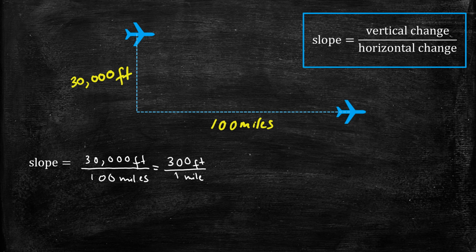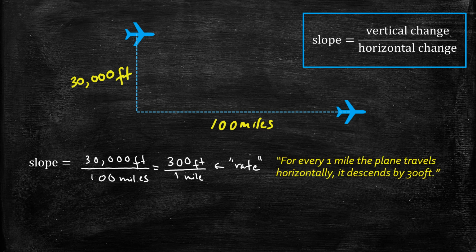Now this version of slope is more like slope thought of as a rate. You're going to see that slope more typically is treated as a ratio, but this is how this reads. For every 1 mile the plane travels horizontally, it descends by 300 feet.